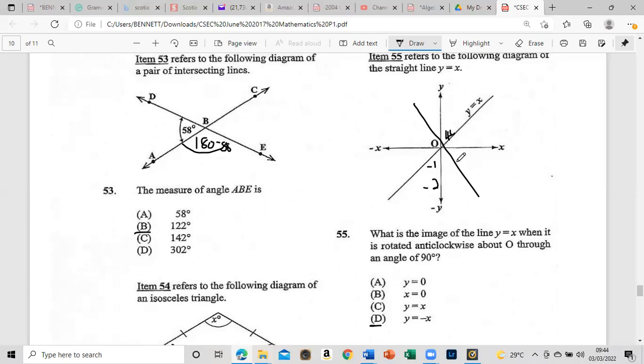The x will be positive, y will be negative. Hold on, guys. Alright, so I'll go with D.